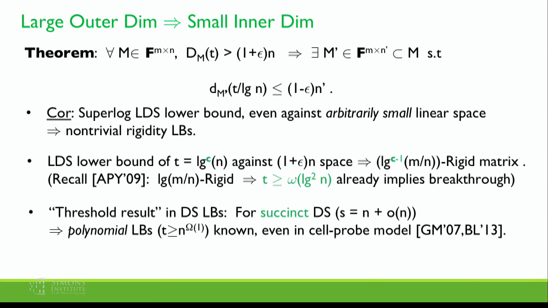Then we have almost everything we want. This shows that once you go to linear space, arbitrarily small, all of a sudden lower bounds become extremely powerful and hard to prove.